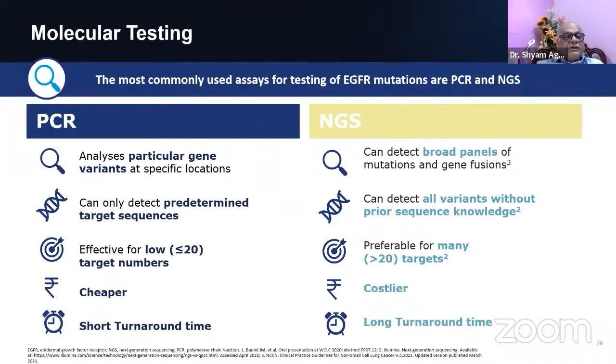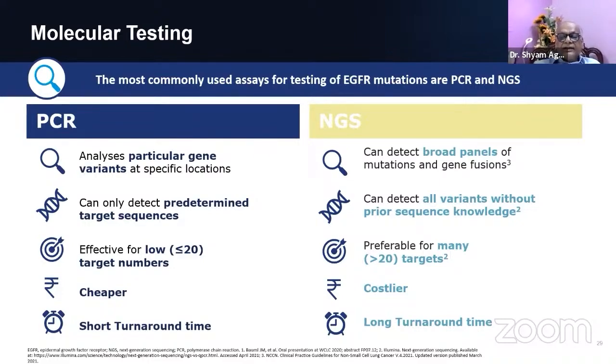So this is the old way of looking at things, PCRs. Then, of course, the next generation sequencing, which can use either a hotspot panel, or today, I think the preference is for a comprehensive gene profiling, even for 10, 15, or 20 such genes. This is what Dr. Sunil was mentioning.